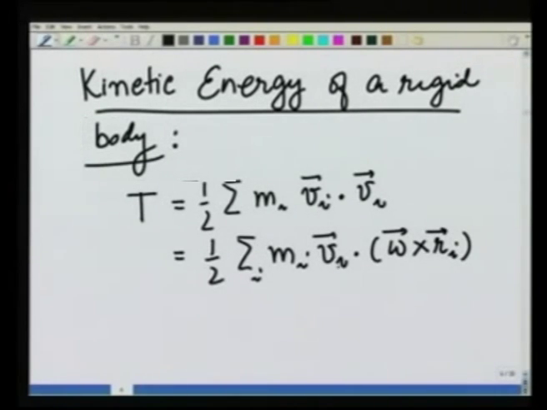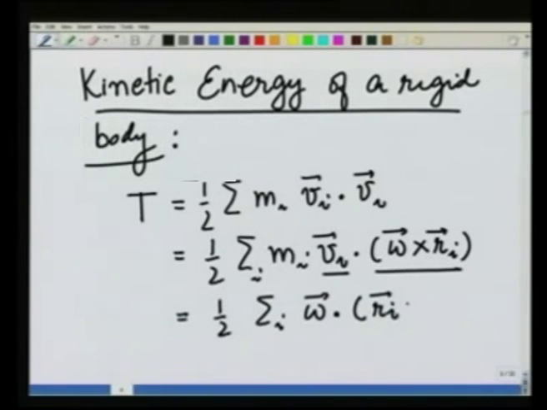This is a dot product of a vector with a cross product. So, I can use the permutation formula and write this as 1/2 summation over i omega dot ri cross vi, and mi is always there.